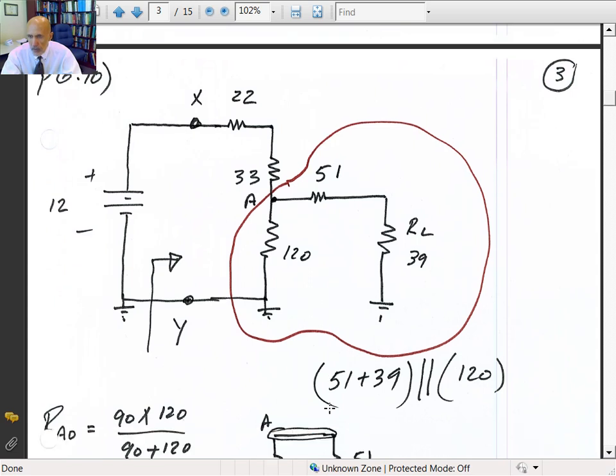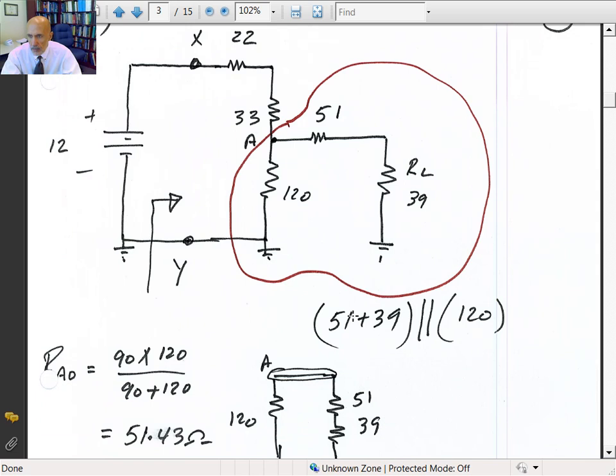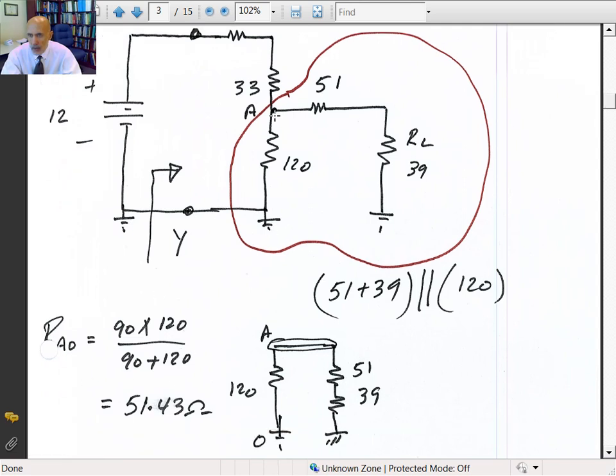So if I look at the point A to the ground, the resistance would be 51 plus 39 in parallel with 120. They call that the resistance from A to ground. 51 plus 39 is 90. Multiply by 120, divide by 90 plus 120, that gives you 51.4.